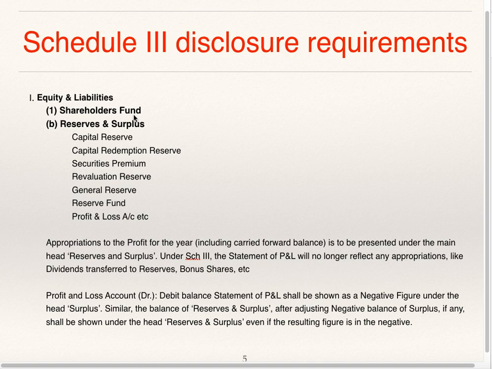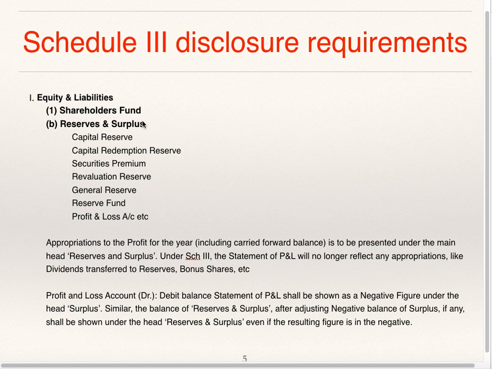Now, shareholders fund. Second subhead is reserves and surplus. Capital reserve, capital redemption reserve, securities premium, that is share premium, revaluation reserve, general reserve, reserve fund, profit and loss account, etc. Any type of reserve will come under the head reserves and surplus, and this is below shareholders fund.